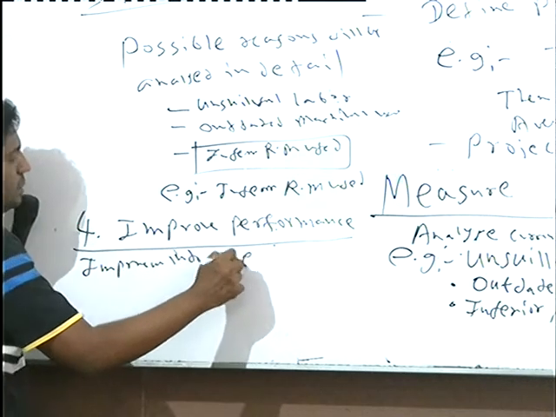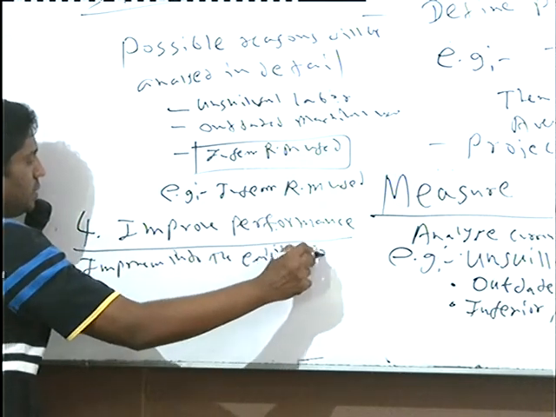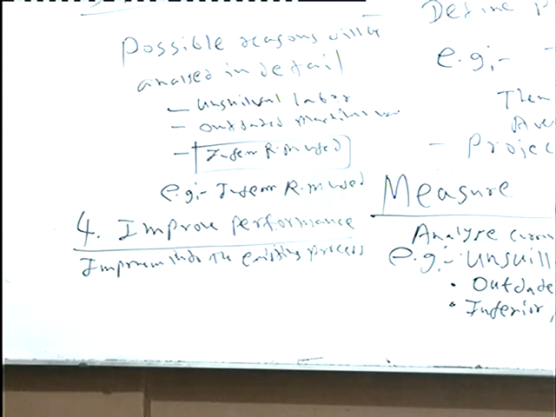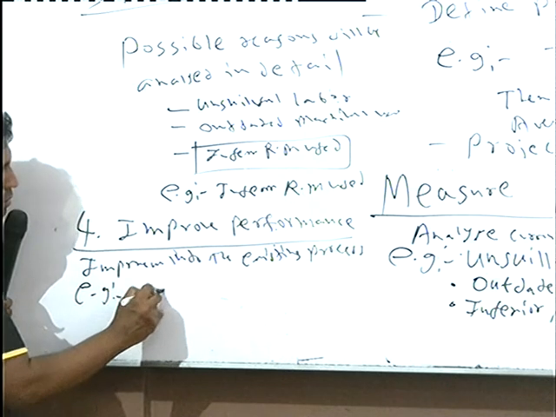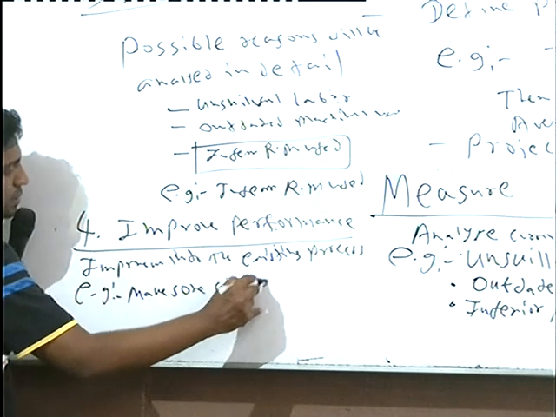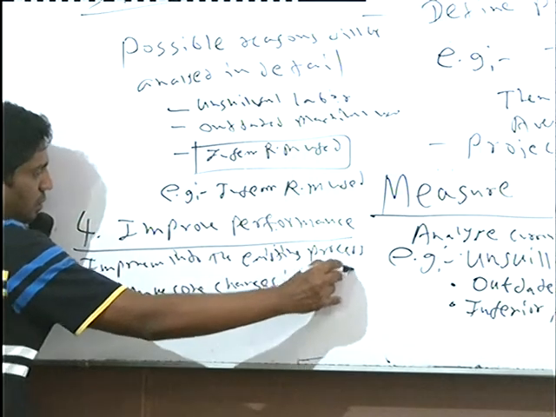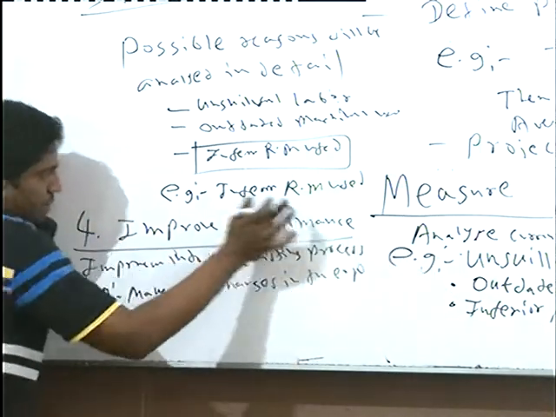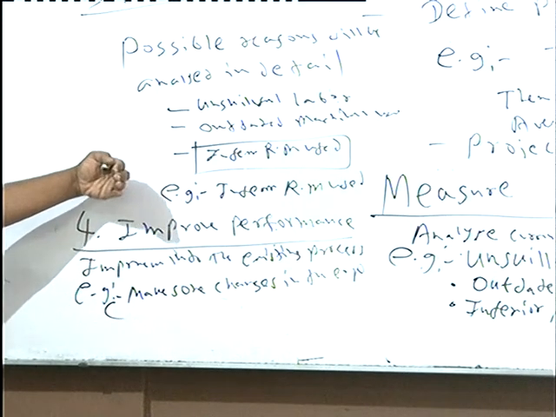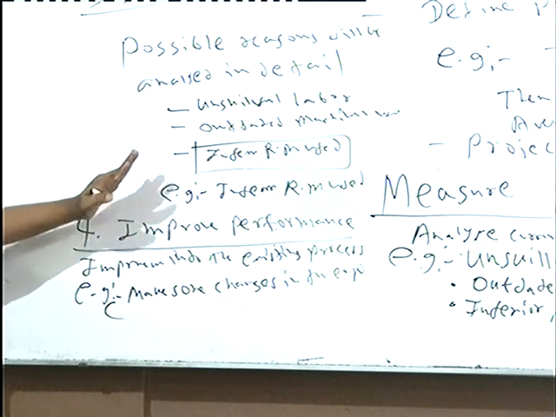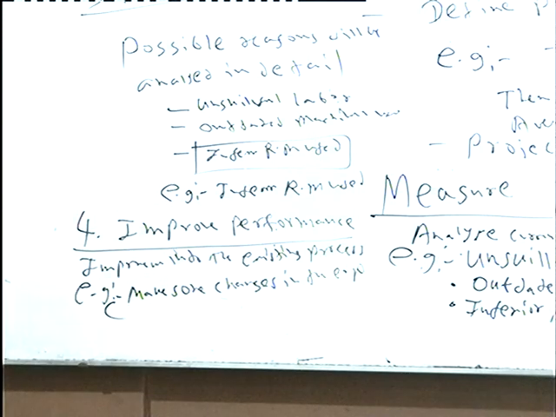For example, you may make some adjustments and changes in the existing process. If I take the same example, the problem we had is that we identified inferior raw material use as the major contributing factor for this problem.